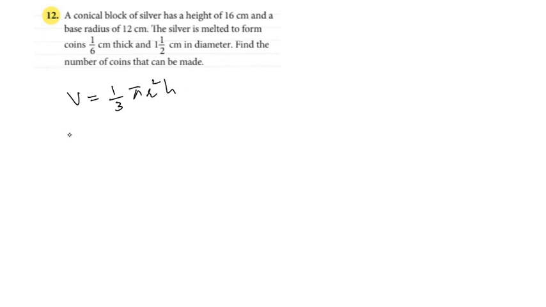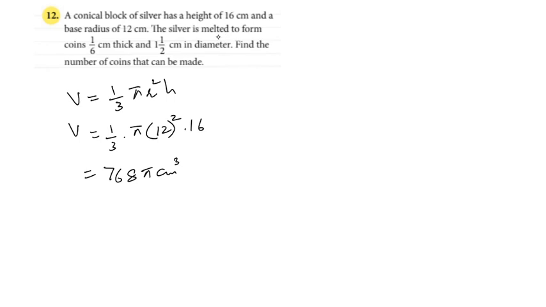Using the values, r is 12 and h is 16, so 1 over 3 pi times 12 square times 16, which gives 768 pi centimeters cube.